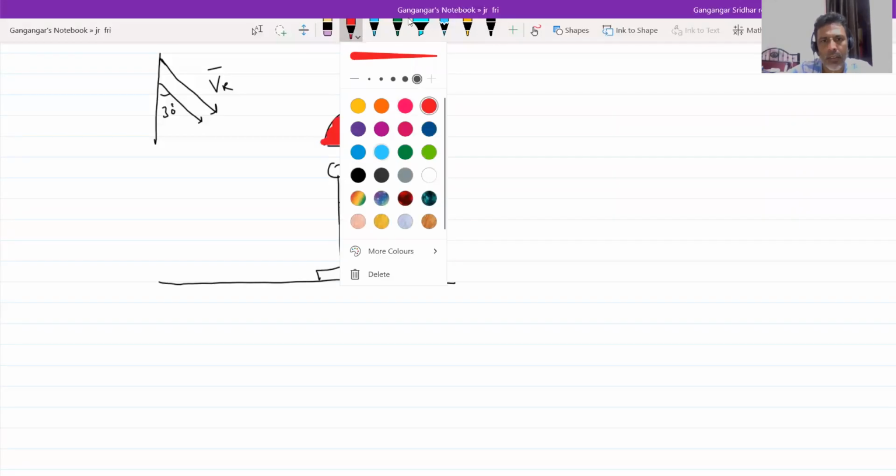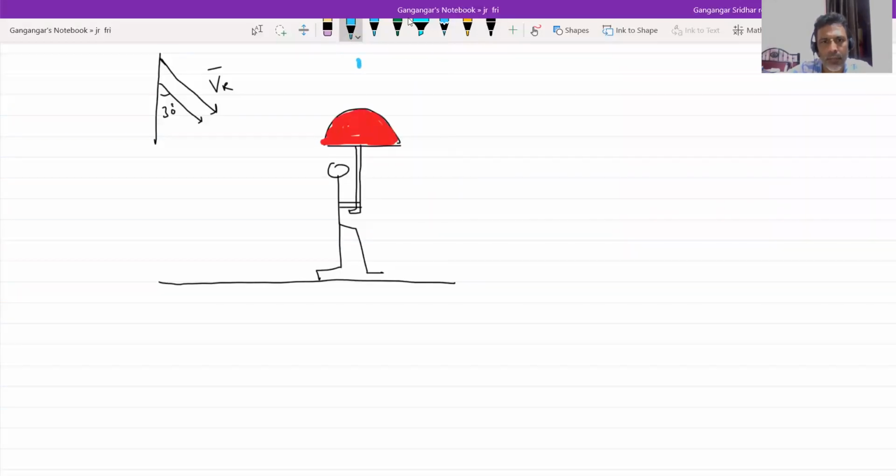So the velocity of raindrops, and how is the velocity of man? What should be the velocity of man? If they ask you like this, what to do? Because they didn't give VM in this case.